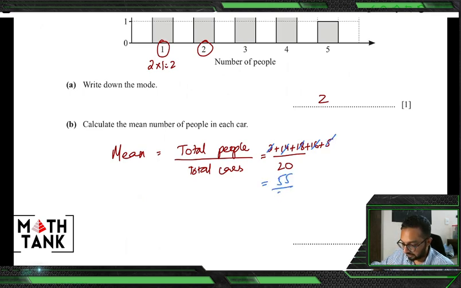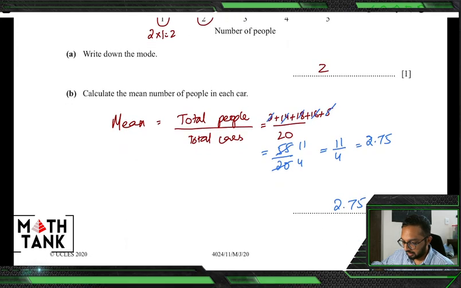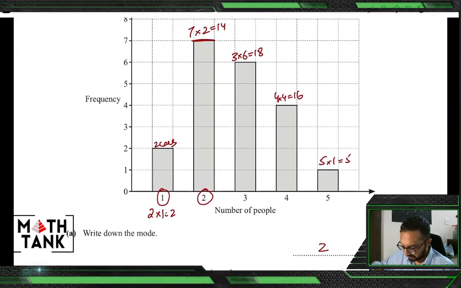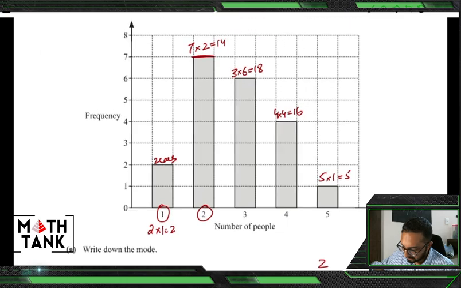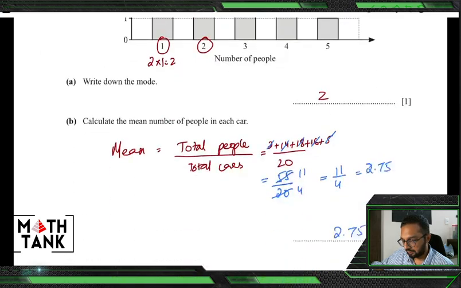So 55 divided by 20. I can either write this as 11 over 4, or I can write 2.75 if I know my calculations quickly, so that's 2.75. I think that should be the correct answer, unless I've made a calculation mistake, which I don't think I have.